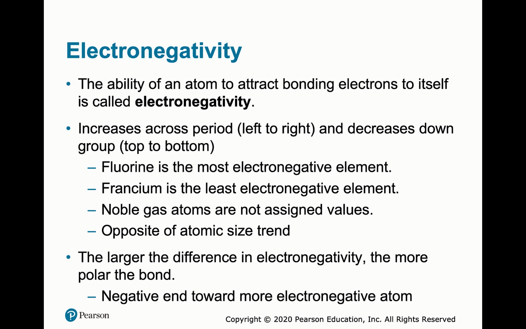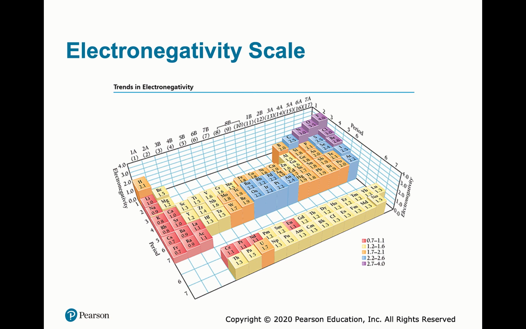So, opposite of atomic size trends, same as first ionization energy. And generally speaking, the larger the difference in electronegativity, the more polar the bond will be, and the more electron density is around the more electronegative atom. Here, this chart shows the electronegativities of the different elements, and noble gases are not included.